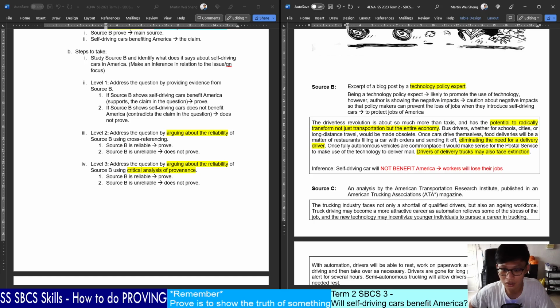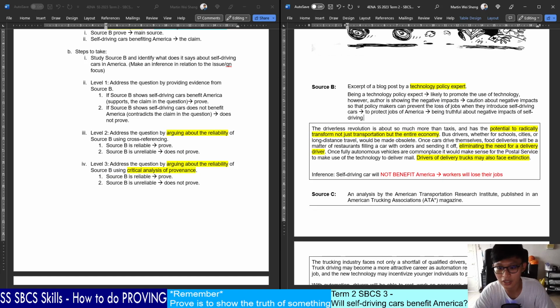Given that this author does not have any vested interest and is not biased in any way, in fact he is truthful about the harm that self-driving cars may do, we can say that this author is reliable. He is being truthful about the negative impacts of self-driving cars despite being a technology expert who is likely to promote it.